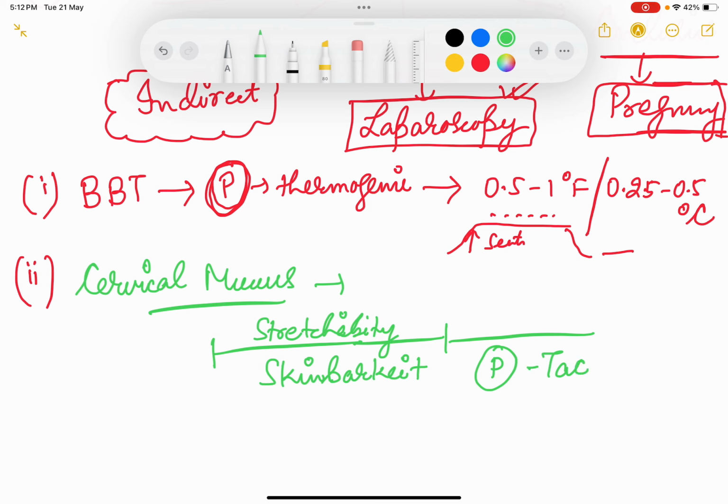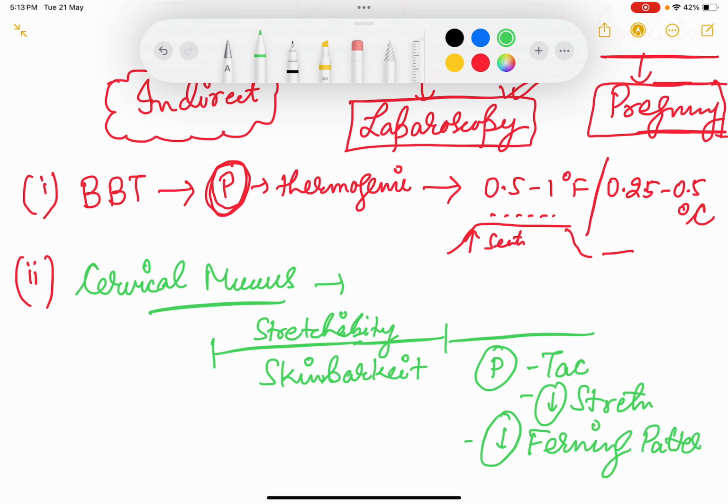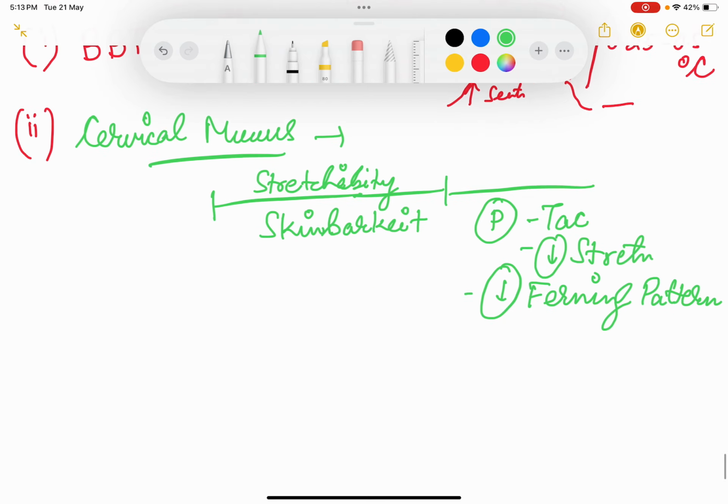So reduction in stretchability is called tac, and it is found in the second half of the cycle after ovulation. Similarly, there is a decrease in ferning pattern when seen under the microscope. So, these are the changes which occur in cervical mucus.